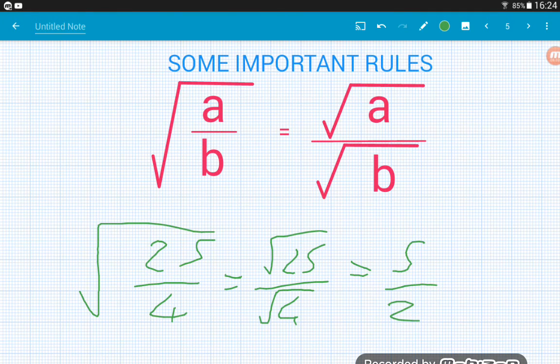And so square root of 25 over 4 is equal to 5 over 2, which I know doesn't contain a surd, just an example of how that rule works.